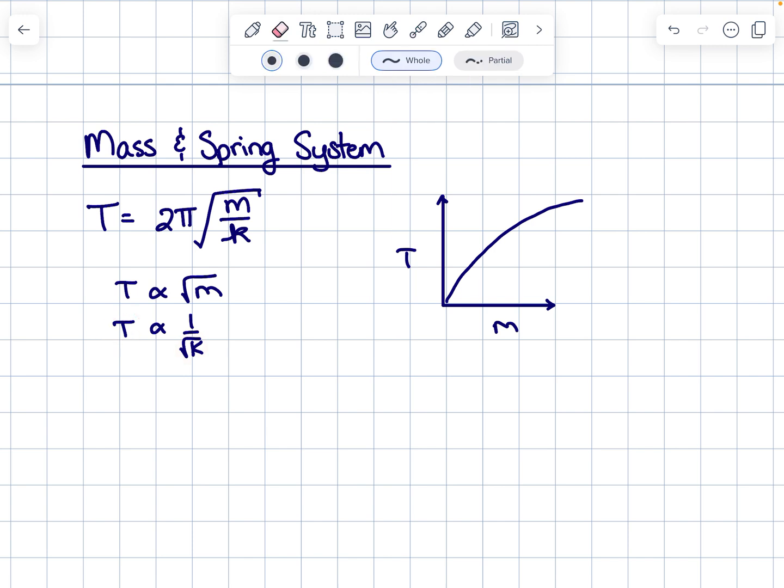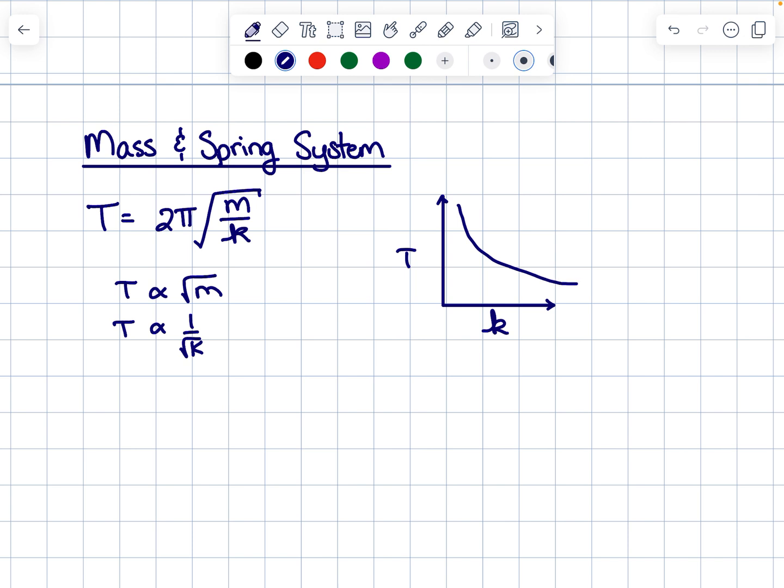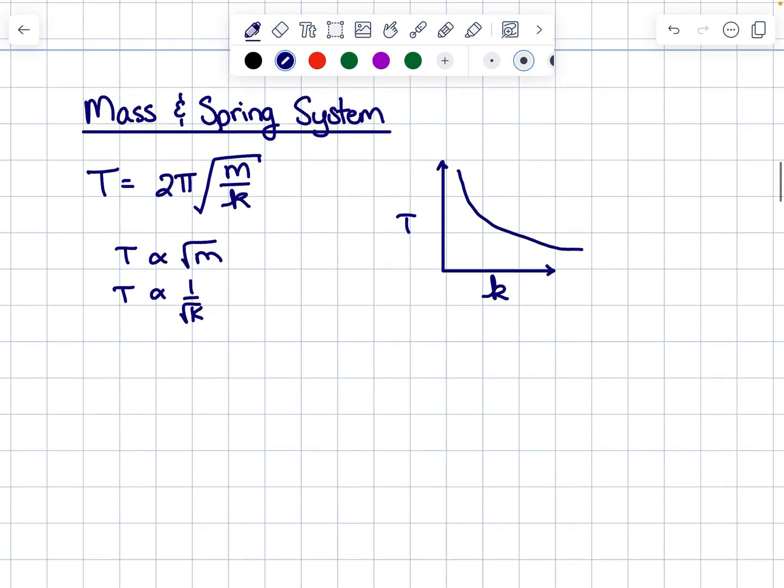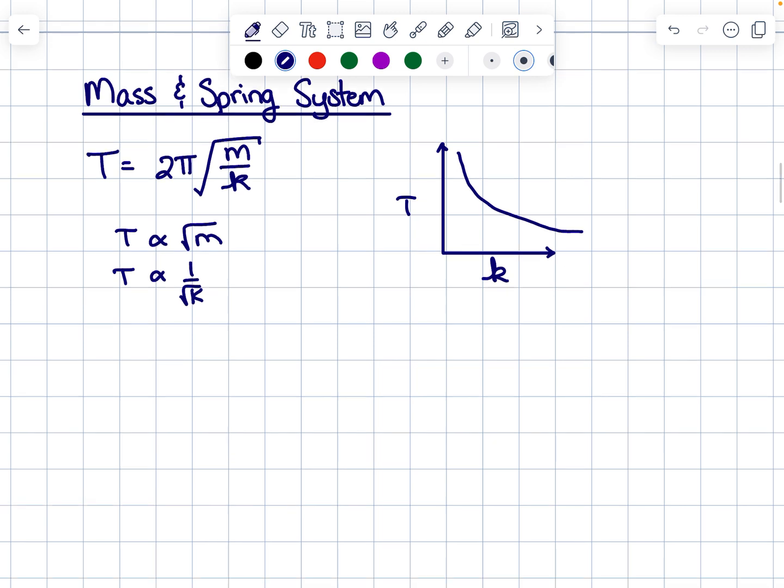And on a graph, if we're asking how the period depends on the spring constant, it is inversely related. It goes down.